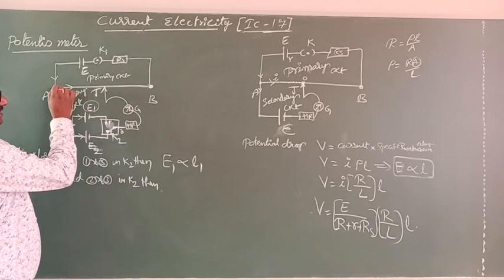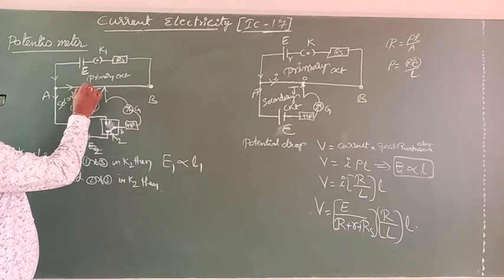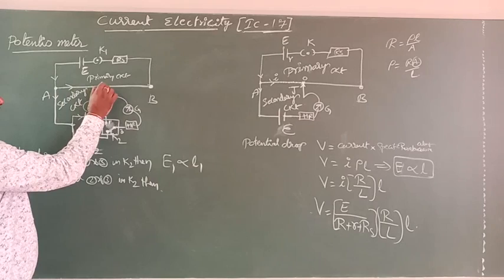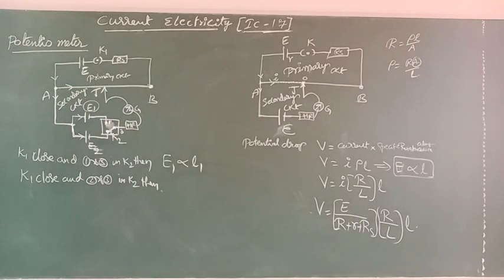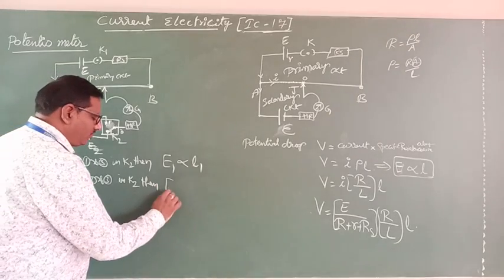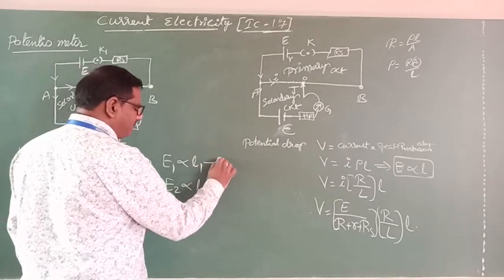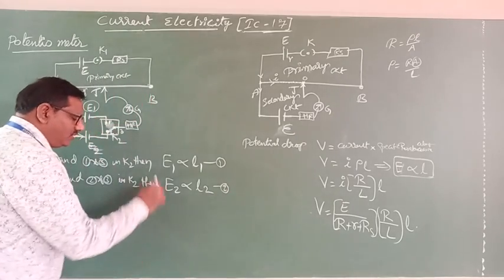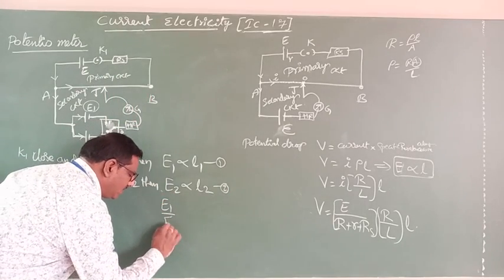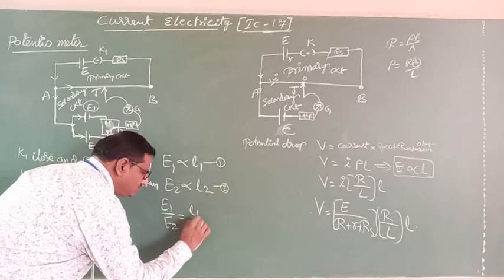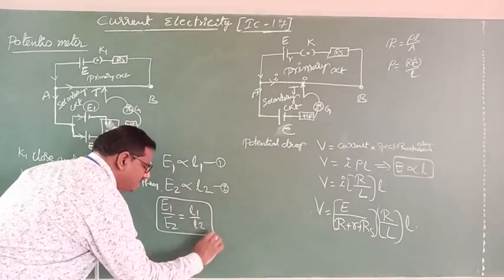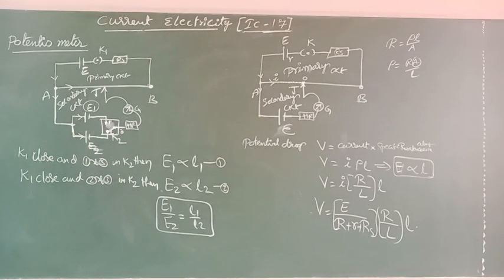Again the jockey touches along the wire point by point. At a particular length, the galvanometer shows zero deflection. According to the principle, E2 is directly proportional to L2. This is equation 1, this is equation 2. Now the comparison is E1 by E2 equals L1 by L2. This is the comparison of two EMFs.